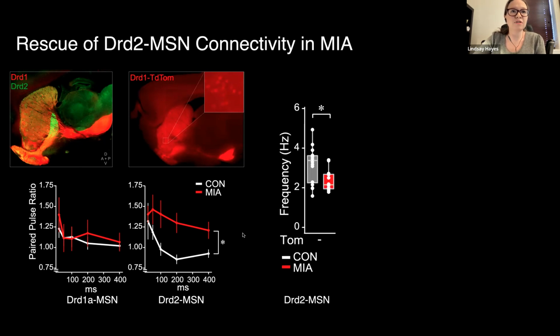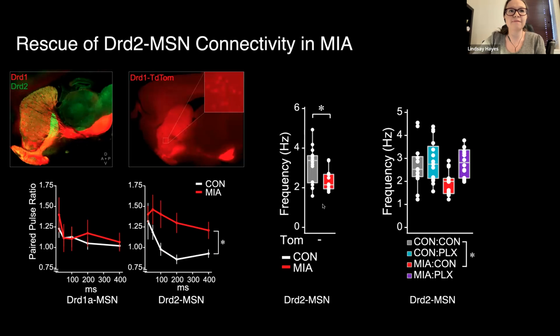To ensure that this was not a result of decreased excitability in the presynaptic cell, we also measured the mini EPSC frequency in the D1 and D2 cells. And we found that specifically, again, in the D2 medium spiny neurons, there was a decrease in this frequency. Now, in the rescue, we wanted to see if microglia were at all contributing to this phenotype.